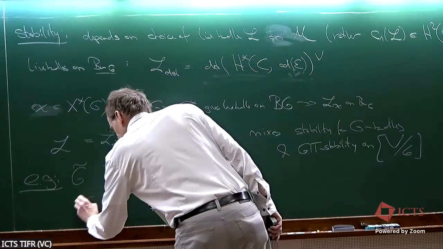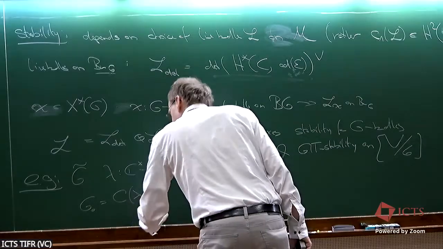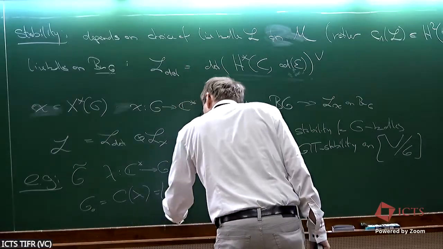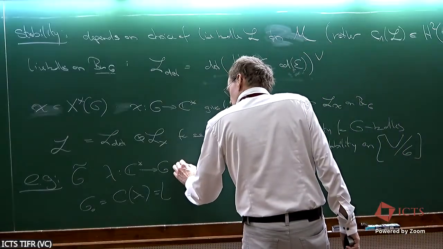Then you take your G0 to be the centralizer. So it's just some Levi subgroup of G.